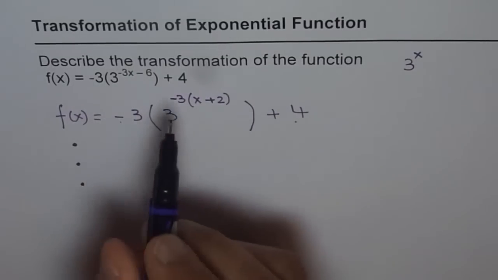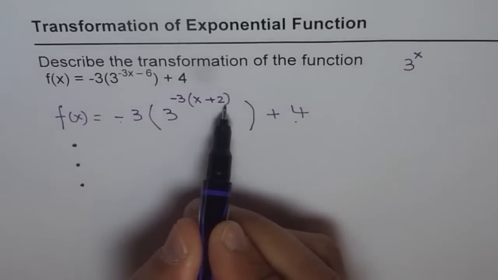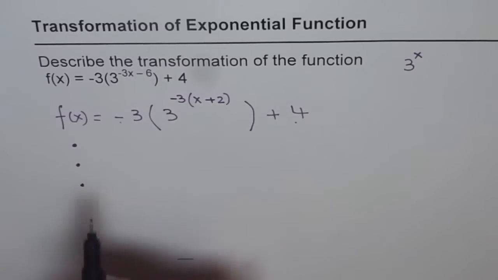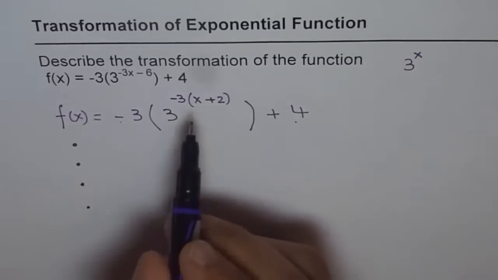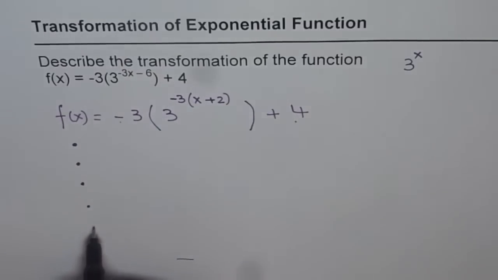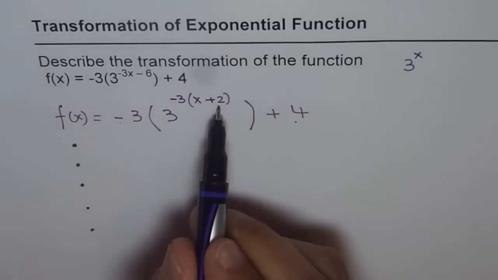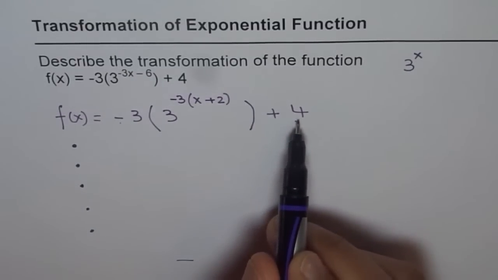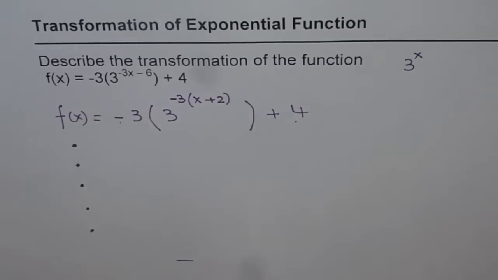Then everything inside is horizontal. Horizontally reflect on the y-axis, and then 3 will be horizontally compressed by a factor of 1 over 3, so we kind of do the reverse. And then we do translations. This translation is horizontal, 2 units to the left, and this is 4 units up.